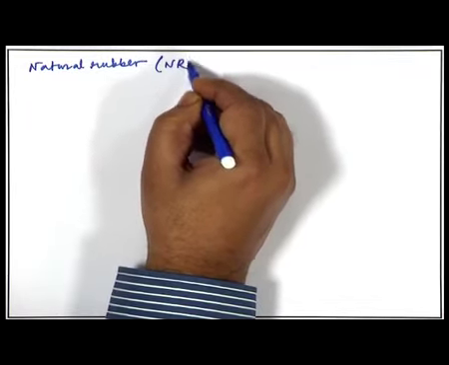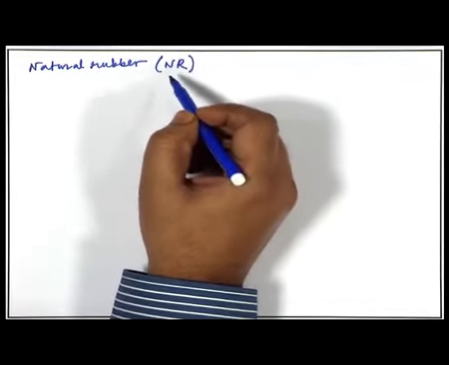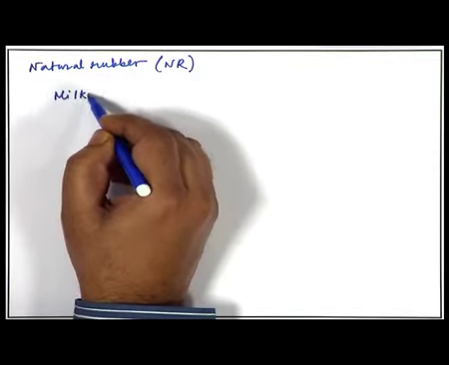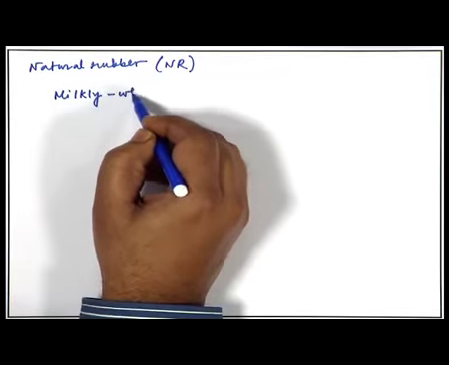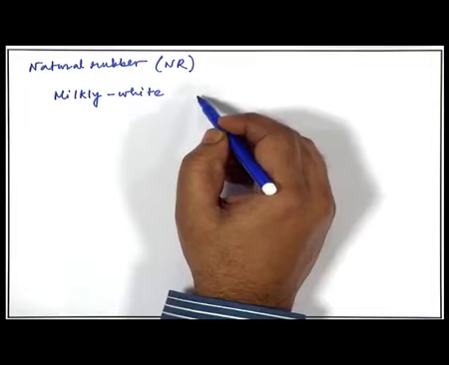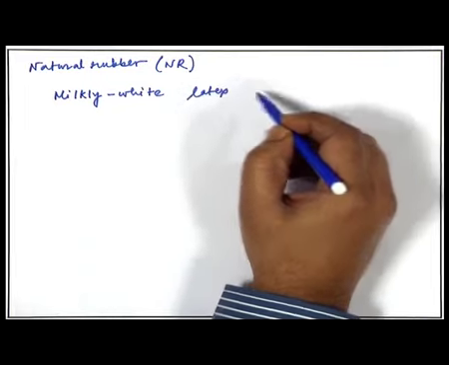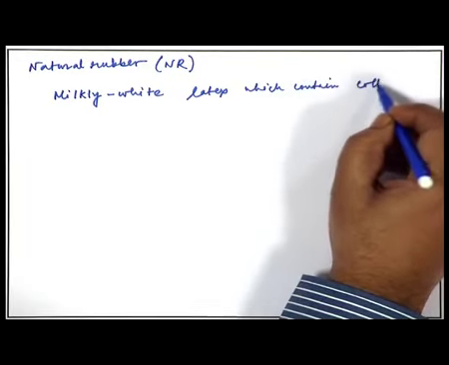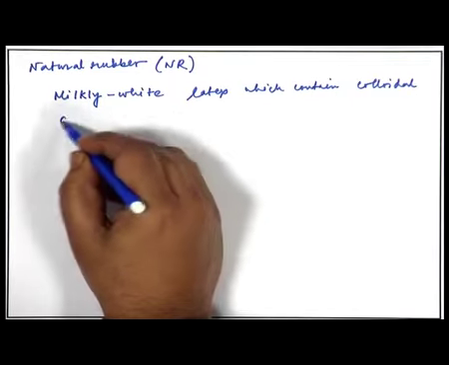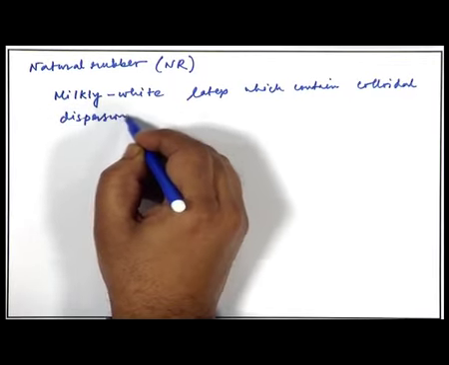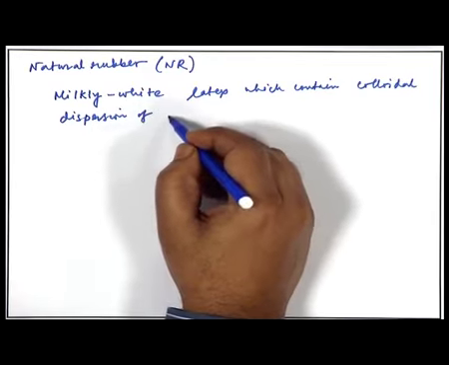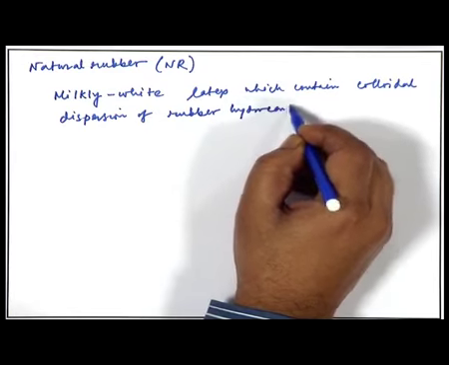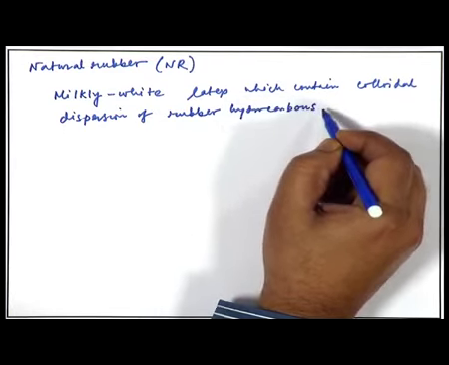We can write just NR for natural rubber, and natural rubber is obtained as a milky white latex. You have probably seen it if you have seen a rubber tree. It contains a colloidal dispersion of rubber hydrocarbons, or you can call them particles.